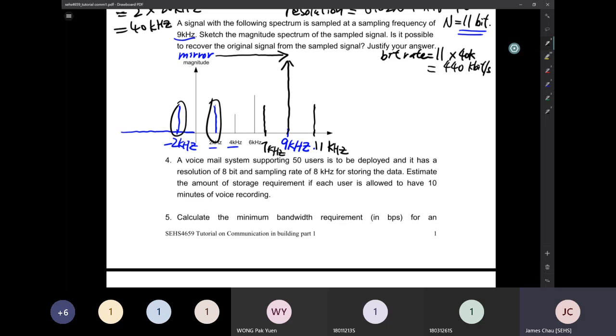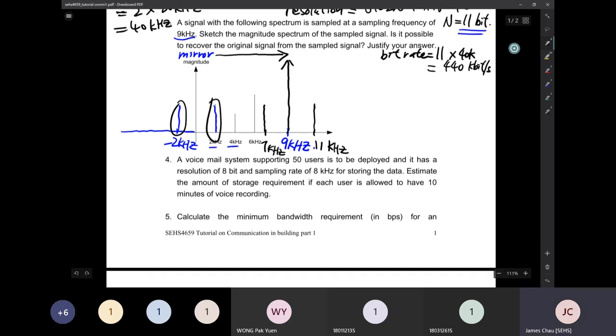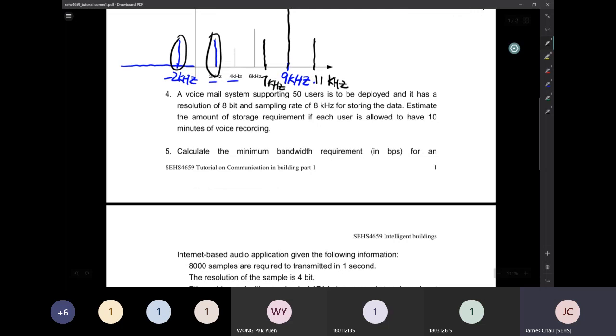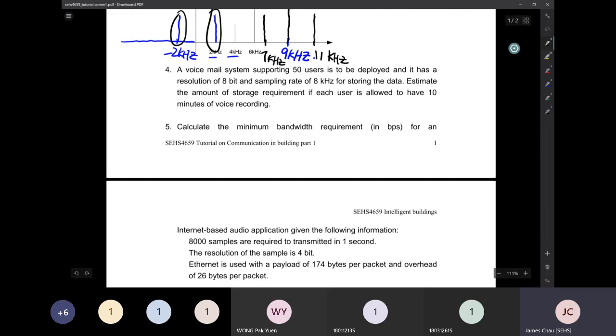Now we move to question 4. Now in question 4, we have a voicemail system supporting 50 users to be deployed, and it has a resolution of 8 bits and sampling rate of 8 kHz for storing the data. Estimate the amount of storage required if each user is allowed to have 10 minutes for voice recording. Okay.